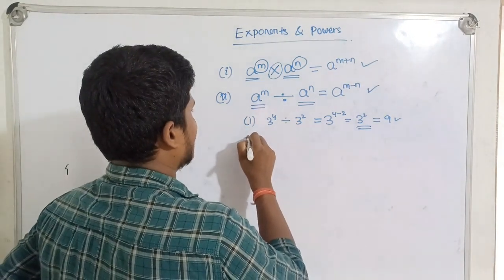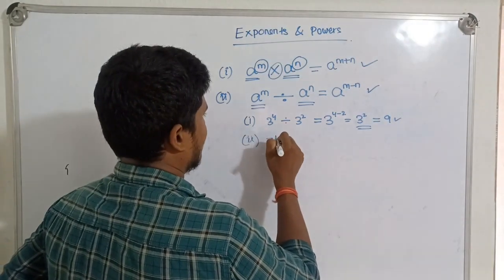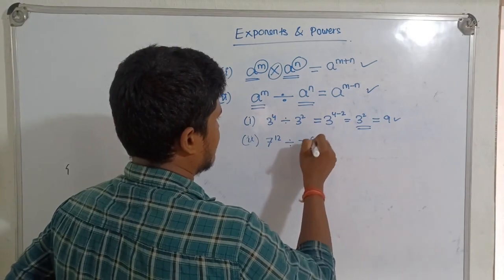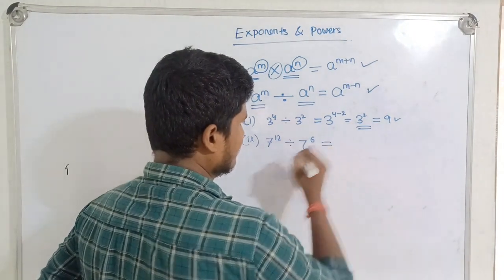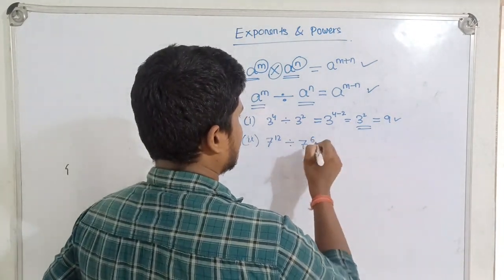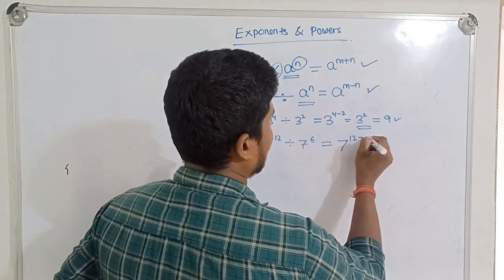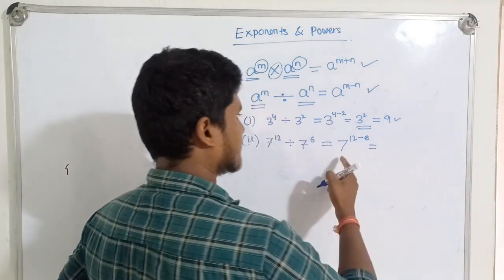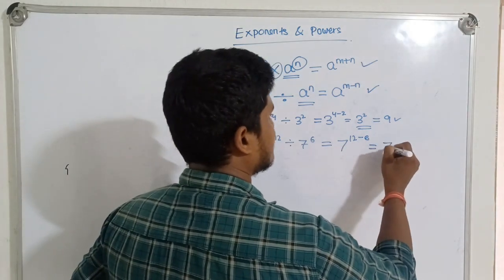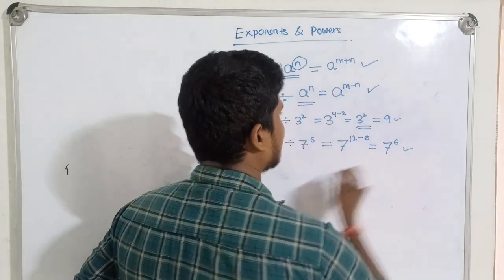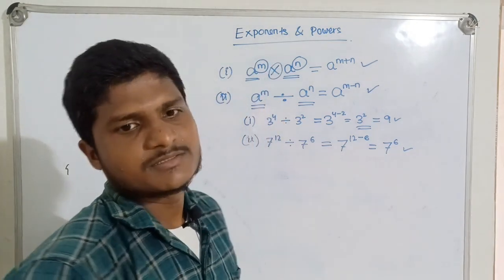Let's take another example: 7 to the power 12 divided by 7 to the power 6. Just subtract the powers, 12 minus 6, that means 7 to the power 6. So the answer is 7 to the power 6.